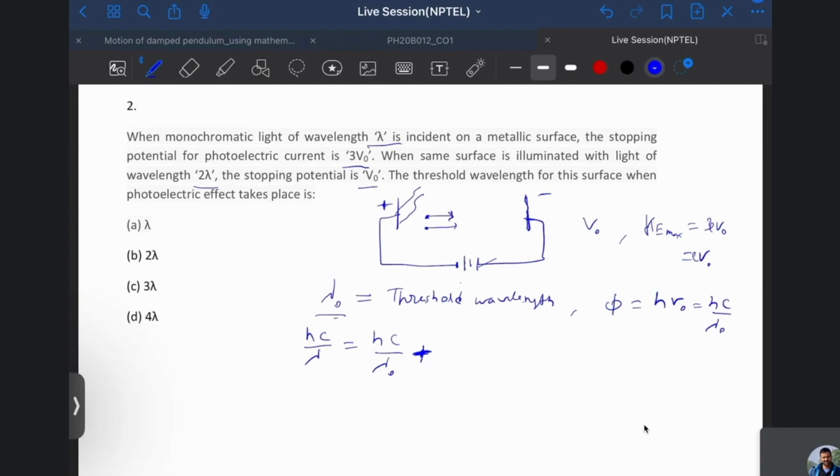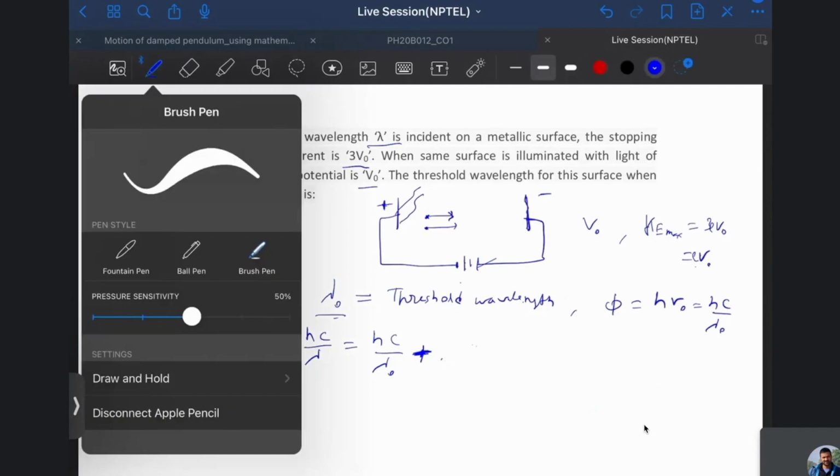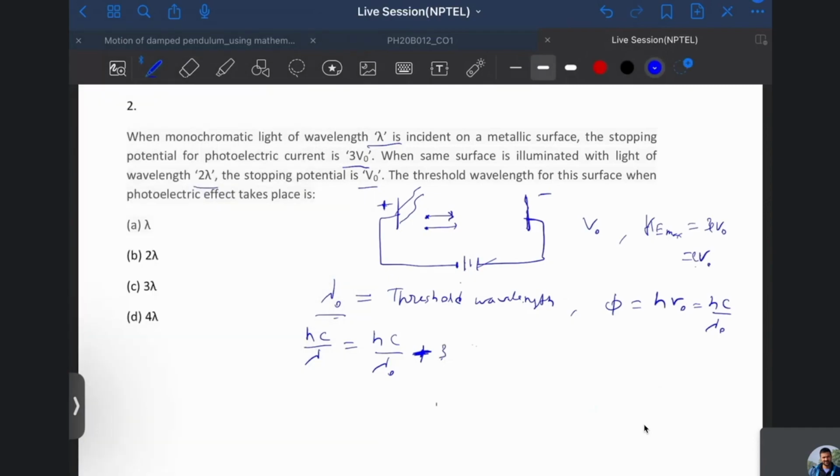So 3 eV naught for the lambda and eV naught for the 2 lambda case. So kinetic energy we can write as 3 eV naught. Do you understand why I am writing kinetic energy as 3 eV naught? Understood, sir.